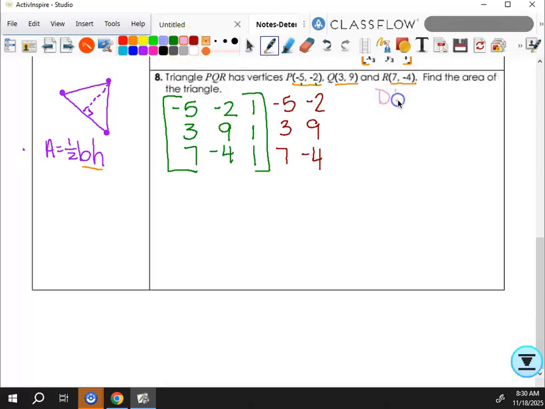And then let's find the determinant. So this is my down. It's going to be these three. So -5 times 9 times 1, that's a -45. The ones make it nice, right? Then I'm multiplying this. That'll give me a -14. Then I'm multiplying this, which gives me a -12.